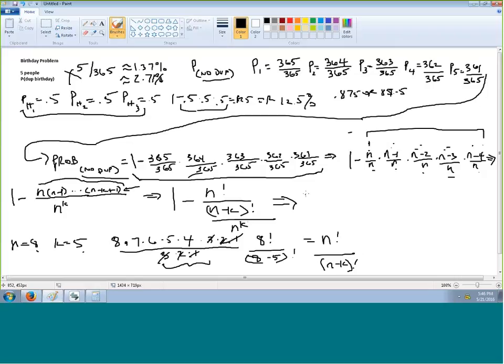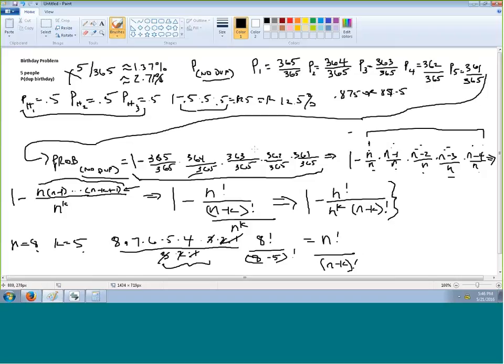And if you remember from algebra, this is the same as 1 minus n factorial over n to the k times n minus k factorial. Whew. All right, so that's our formula there.